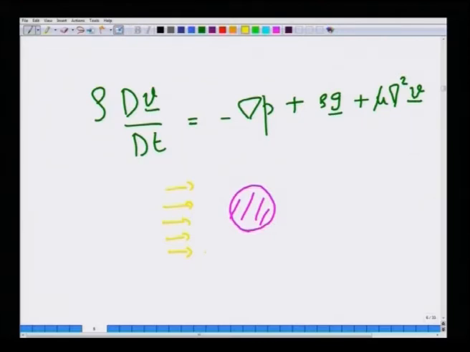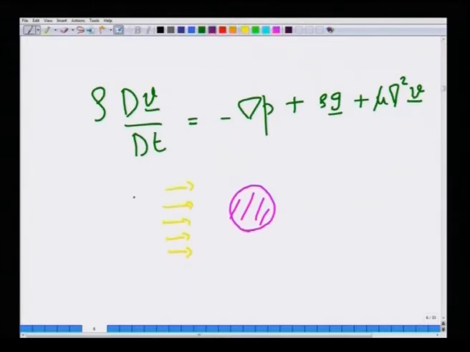Both are equivalent formulations, because you could always change the reference frame from a stationary reference frame to a reference frame that moves with a constant velocity. Okay. So, what we are going to do is, with this problem in mind, we are going to non-dimensionalize the Navier-Stokes equation. So, what are the physical variables?